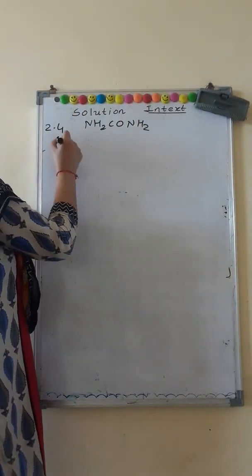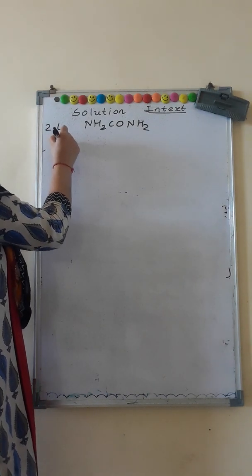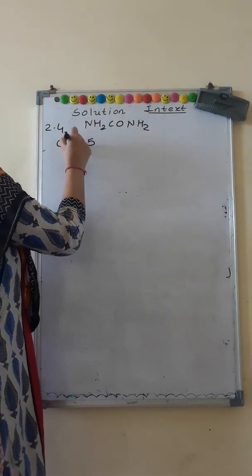So first we have to calculate what is the meaning of 0.25 molar urea.